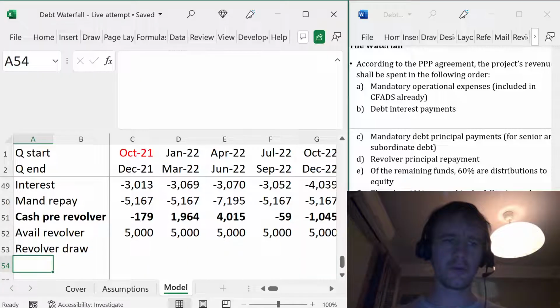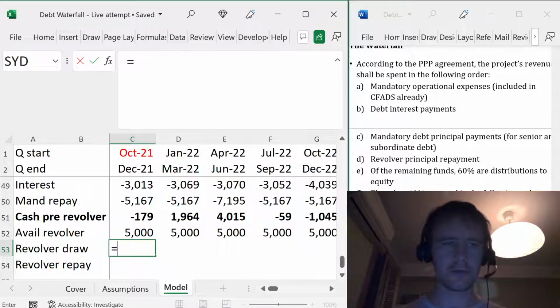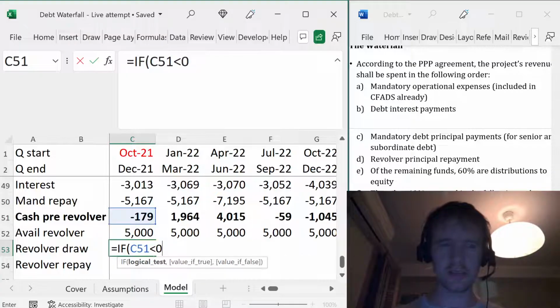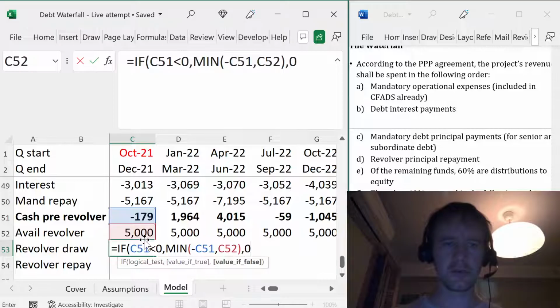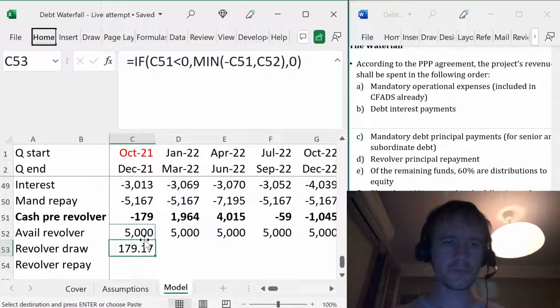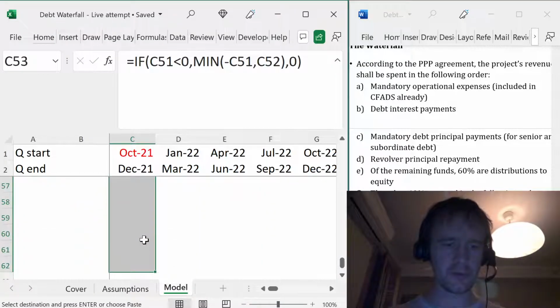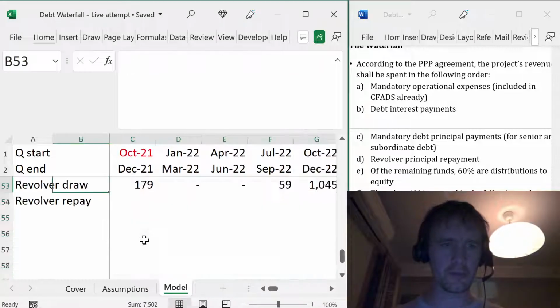You can do this all in one formula, how much is drawn plus how much is repaid if you're feeling brave, but it's safer not to. So that is going to be, if this is less than 0, then the min of minus that. So in other words, this is less than 0, so I need 179 to make it whole, and the most I can draw is whatever's left on the revolver, so that's that. Otherwise, 0. Let's just copy that number format down a little bit more and fill across.